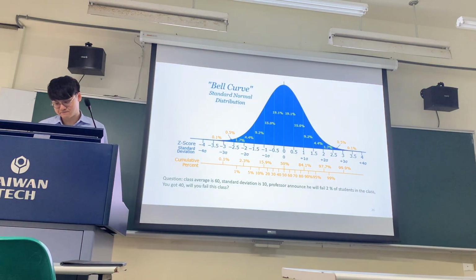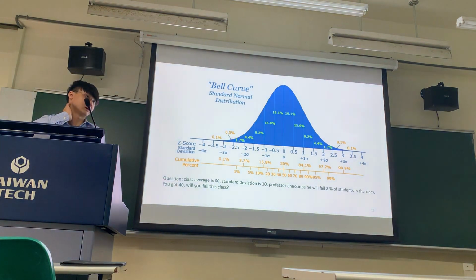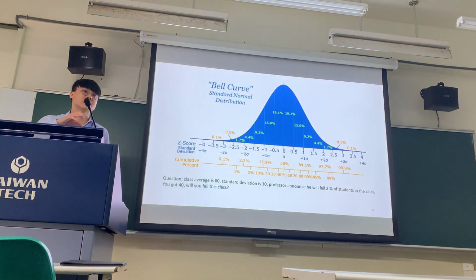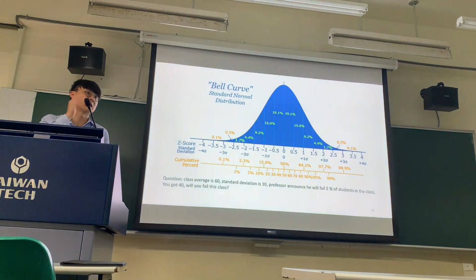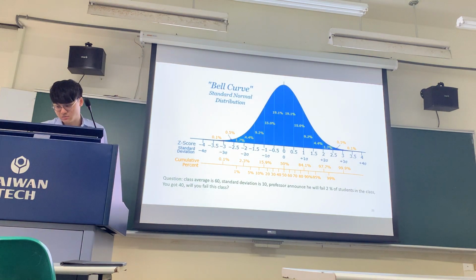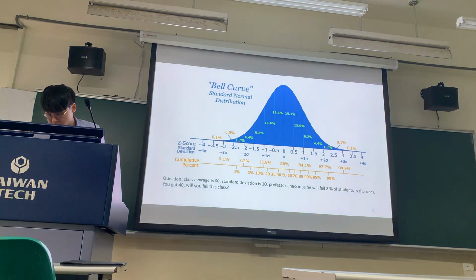So I think the reason why I'm showing this is to state that this is assuming the class has a normal distribution, right? But normally in a real-life scenario, you won't have a normal distribution. You probably have a bimodal one, meaning that you will have something like this.